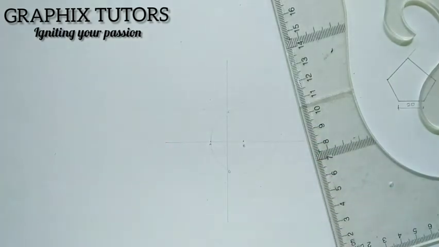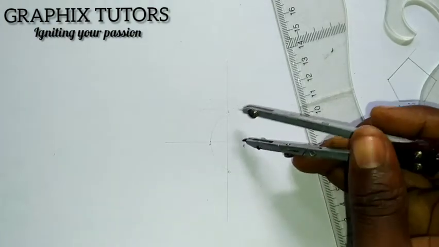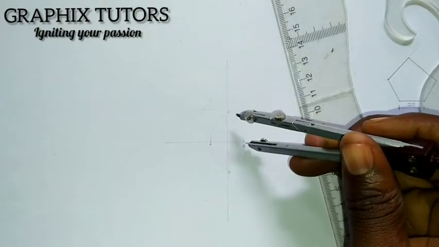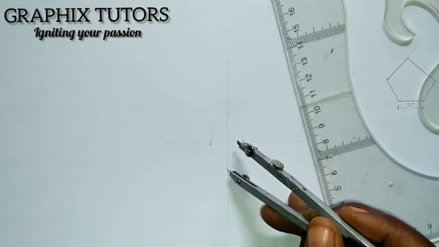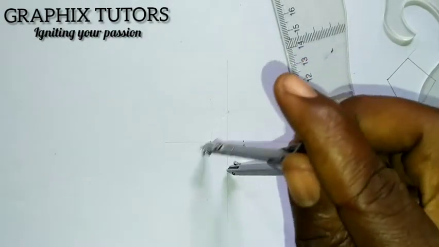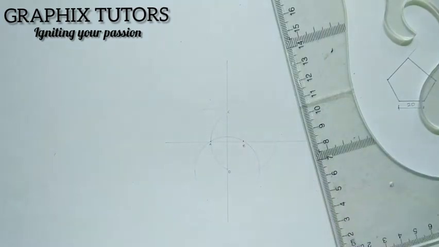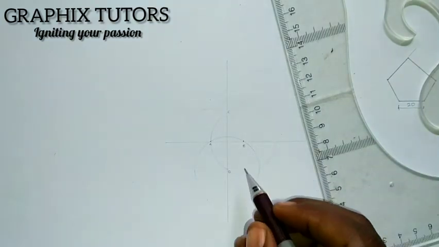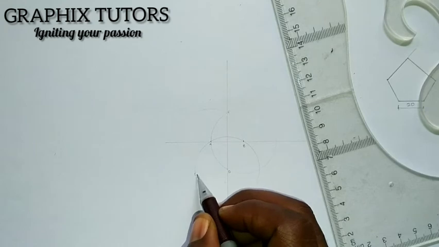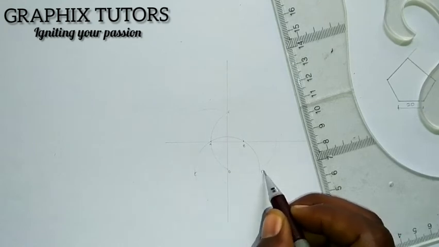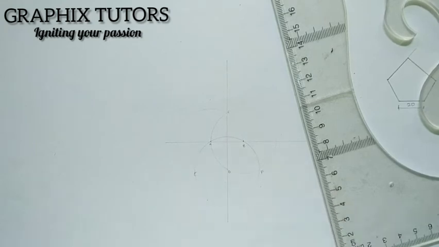Now the next thing I'll do is still take the same radius. I'll place it at point D with radius A, and I'll get this. So I'll call it E, and here will be F, right?